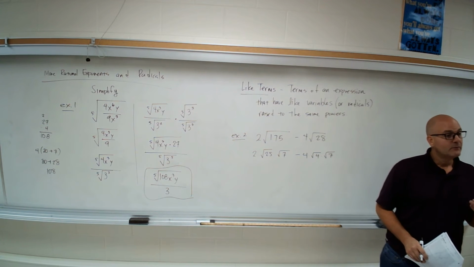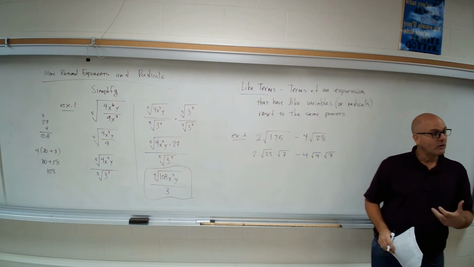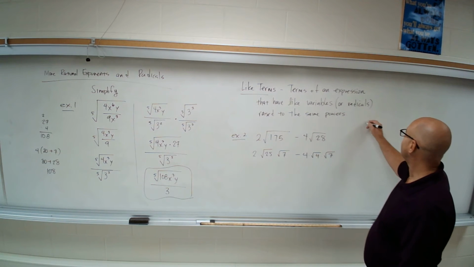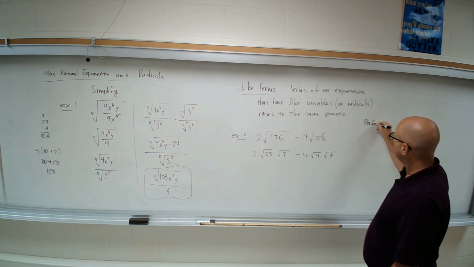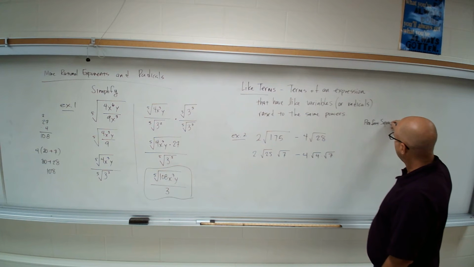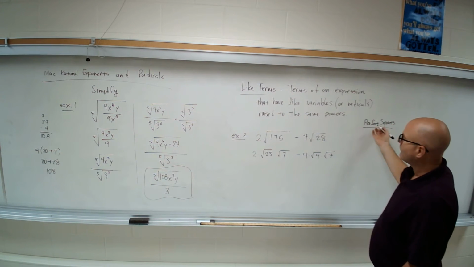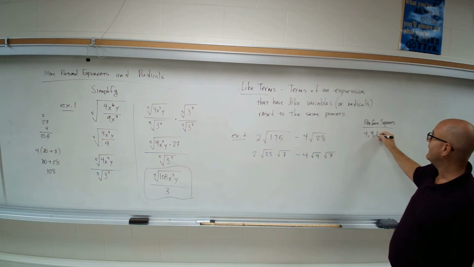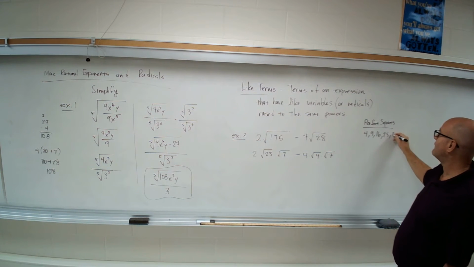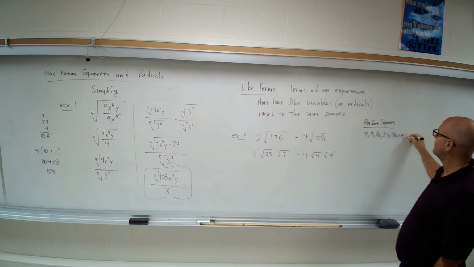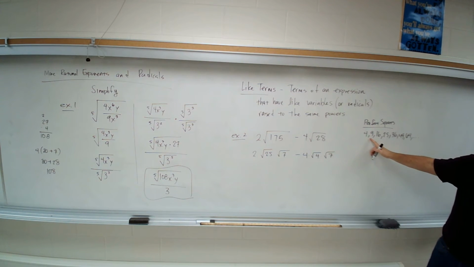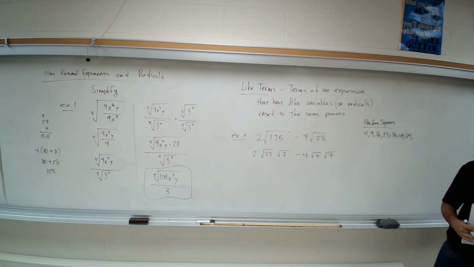Now, because it's a square root, we're only looking for factors that are perfect squares, right? So our perfect squares: 1 doesn't help at all with this, but you could have 4, 9, 16, 25, 36, 49, 64, etc. 2 times 2, 3 times 3, 4 times 4. So that's what we're looking for there.